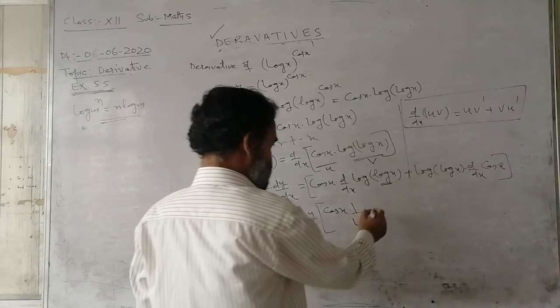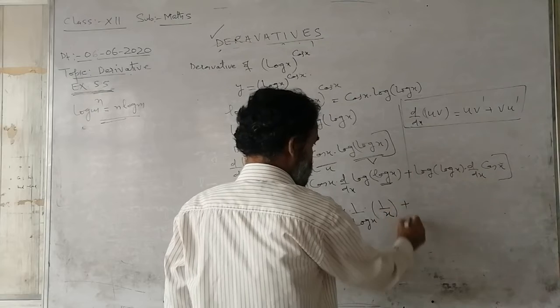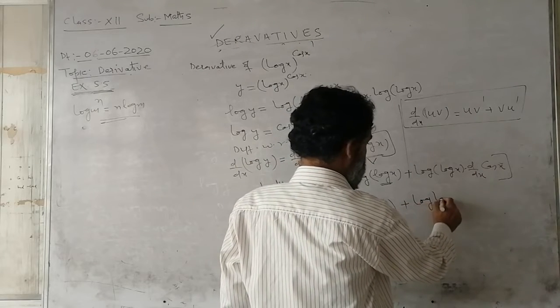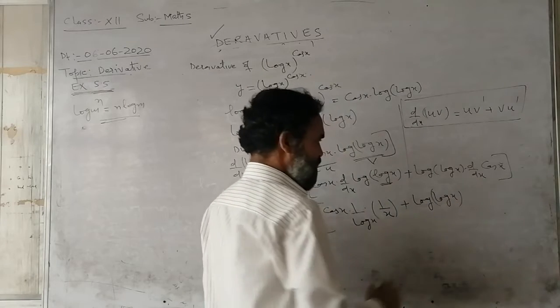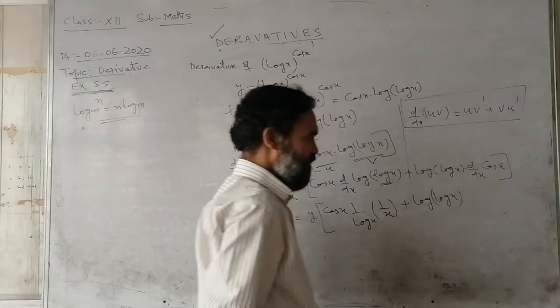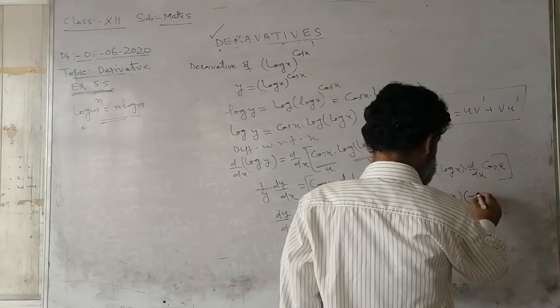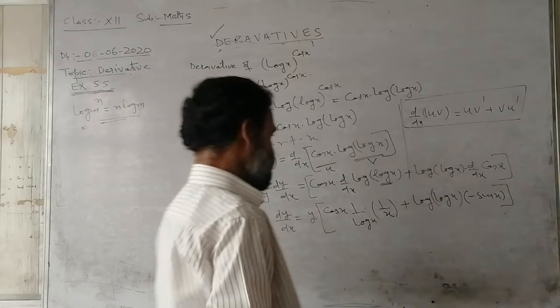So derivative of log x is 1 upon x, plus here log x remains as it is, and the derivative of cos x is minus sin x.